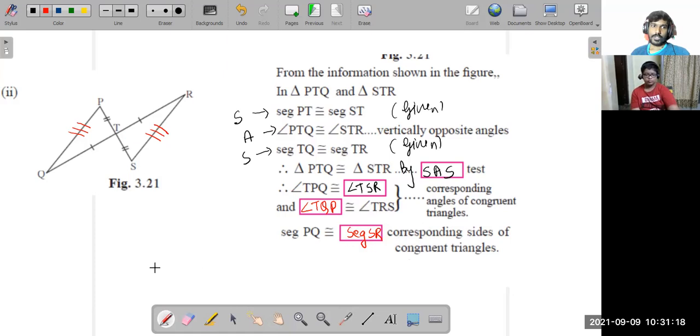Yes, sir. Okay, so I hope this is congruent to this and this is congruent to this.